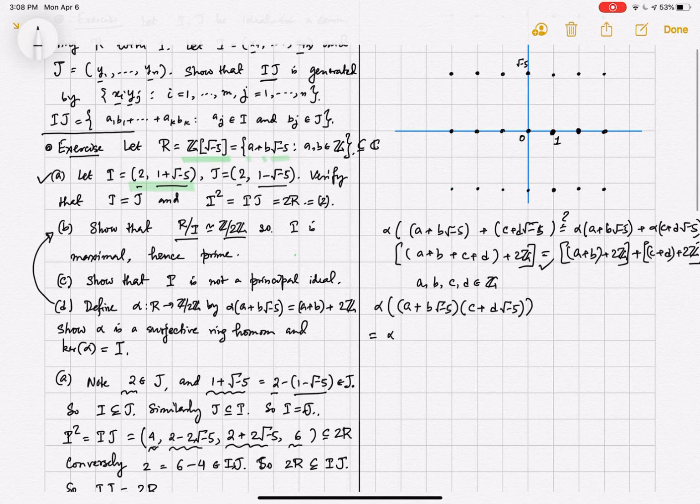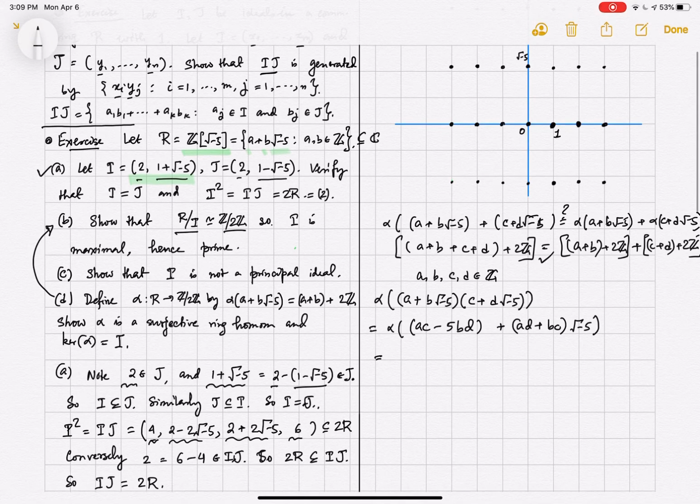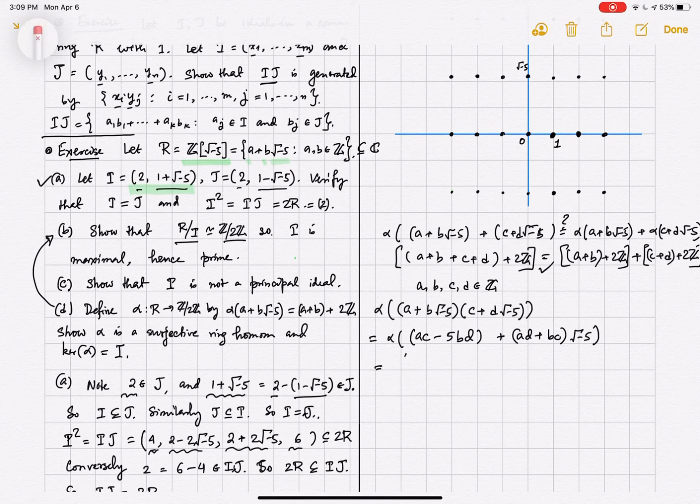We have to multiply these numbers, so you get ac minus 5bd, plus ad plus bc times square root of minus 5. So that's ac minus 5bd plus ad plus bc, the coset of that mod 2.